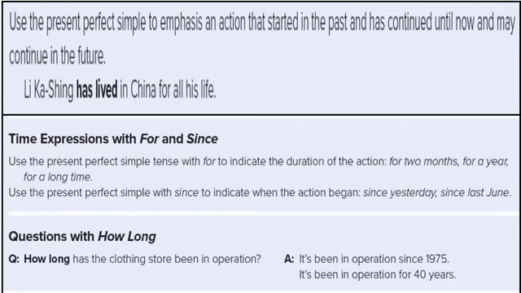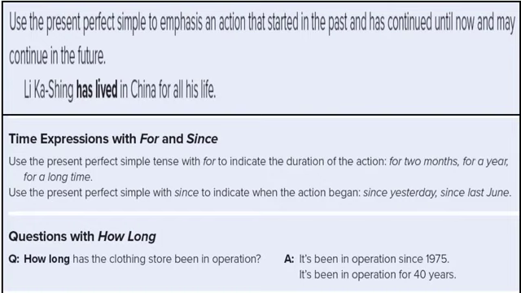We have two famous words used with the present perfect tense, and they are time expressions with for and since. We use the present perfect simple tense with for to indicate the duration of the action.